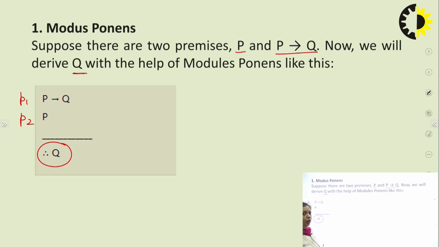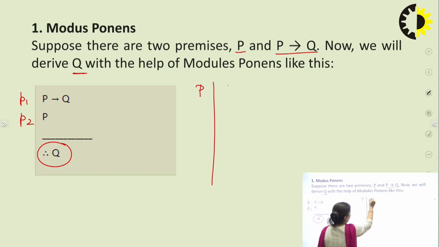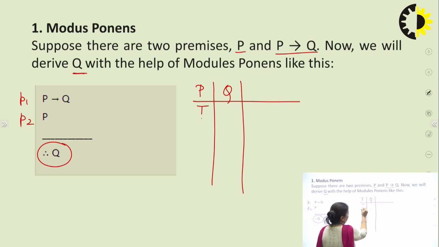First of all, I'll draw the truth table for this. I have two variables P and Q. What values can I have? Either both can be true. The first one can be true and the second one can be false. The first one can be false, second one can be true, or both can be false.